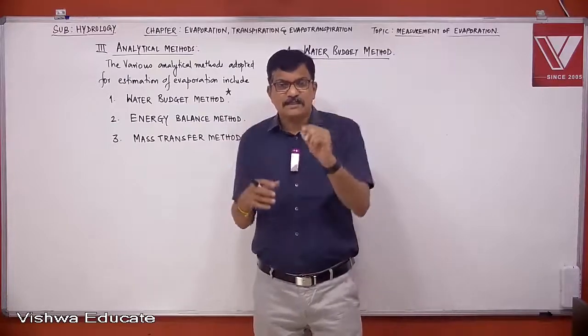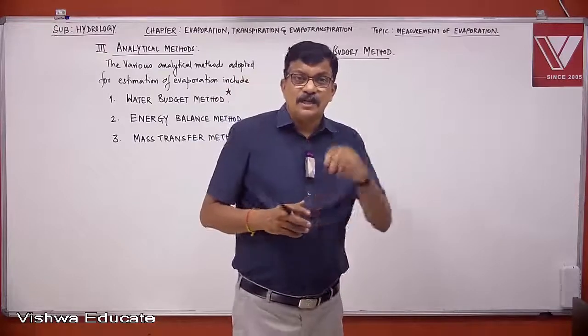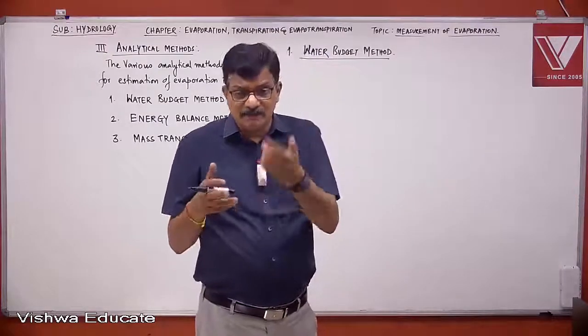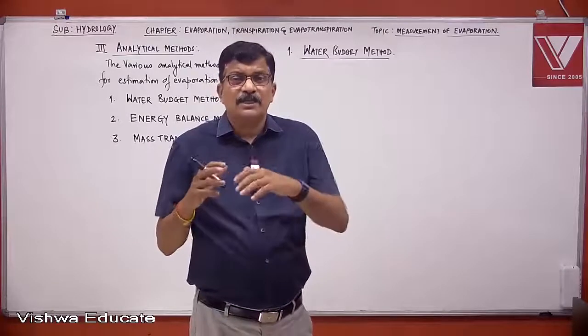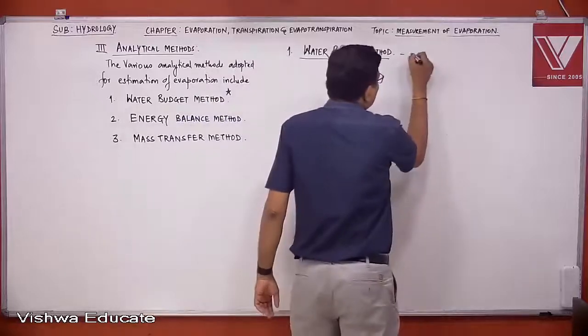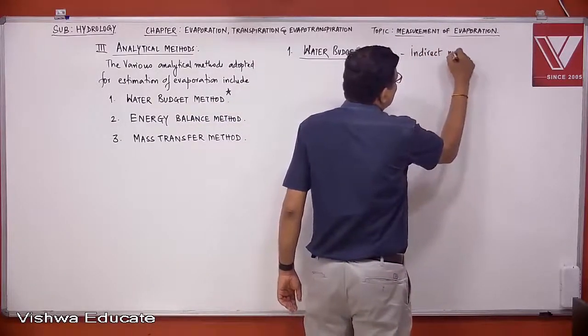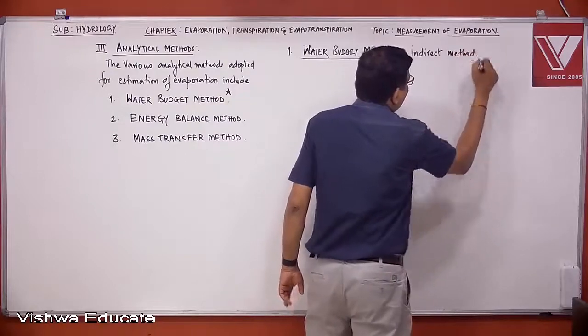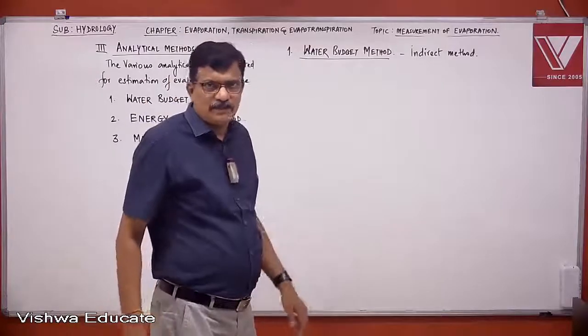In this equation, we have a small component called evaporation. And from this equation, we find out evaporation. So that becomes not a direct approach, but an indirect method. Okay, so water budget is an indirect method of measuring or estimating evaporation.